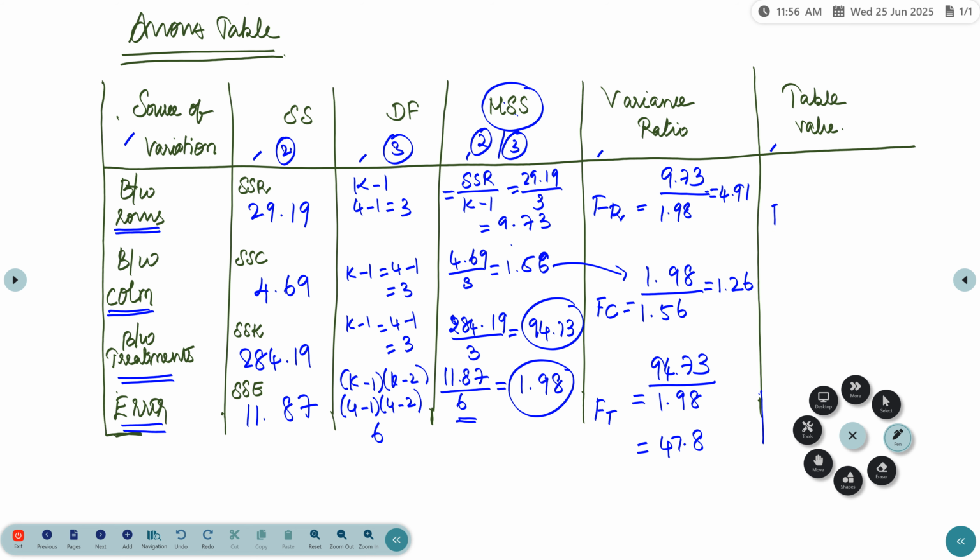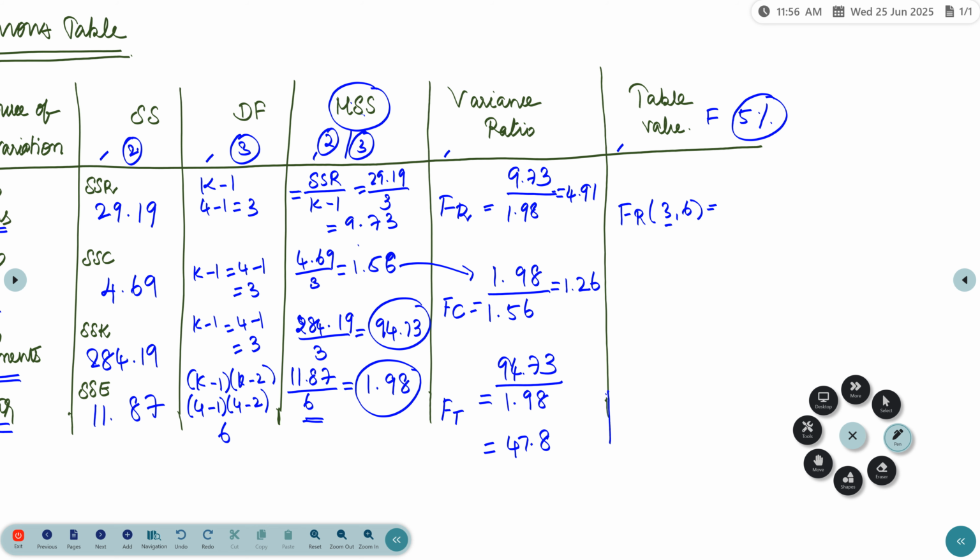Next, the variance ratio F for degrees of freedom 3,6. In the F table, at the 5% level of significance, you look up the value for 3,6 and you get 4.76. Similarly, FC for 3,6 is 4.76. The 3 is K minus 1, and the 6 is the error degrees of freedom, K minus 1 into K minus 2.